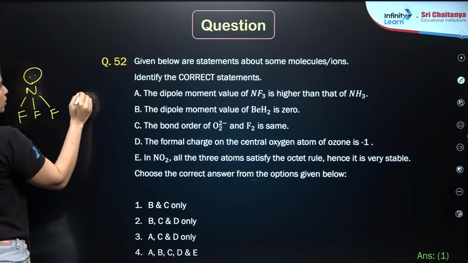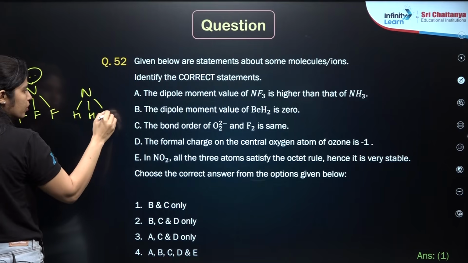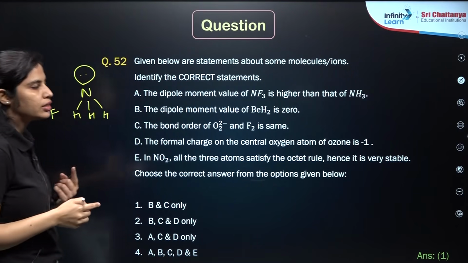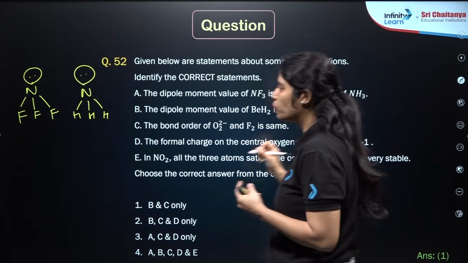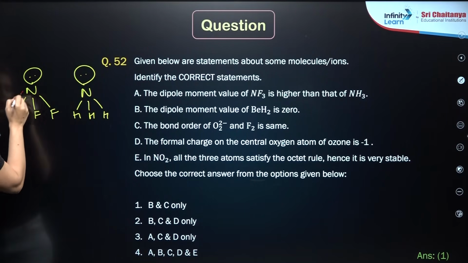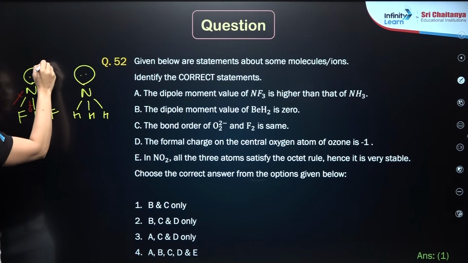One lone pair of electrons over here. For ammonia, also pyramidal with one lone pair of electrons. Now, if you are going to look at the dipole moment, we have to make a general idea that fluorine is going to be more electronegative, so the dipole moves towards fluorine, here also towards fluorine, here also towards fluorine, and towards the lone pair.